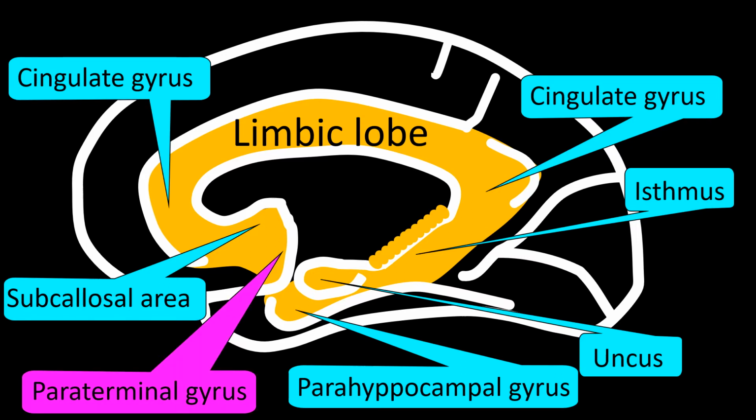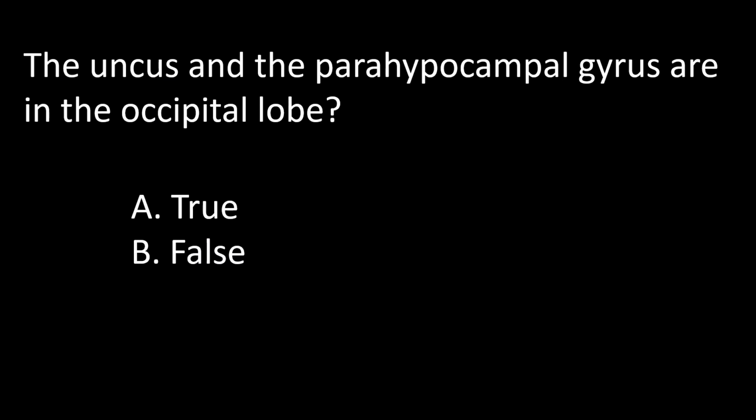The paraterminal gyrus and the uncus and the hippocampal gyrus connect by going around the corpus callosum in a bundle of fibers called the cingulum, instead of taking the shorter, more direct route to each other. So the answer to this question is B.